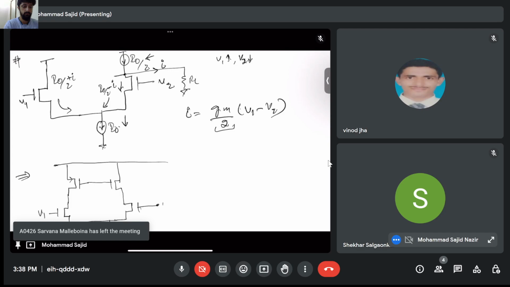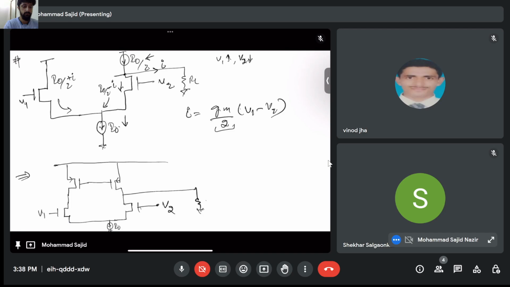Okay, so this is V2. Now see here, this is your RL, this is your short circuit current. So first, initially, I naught by 2, I naught by 2, right?